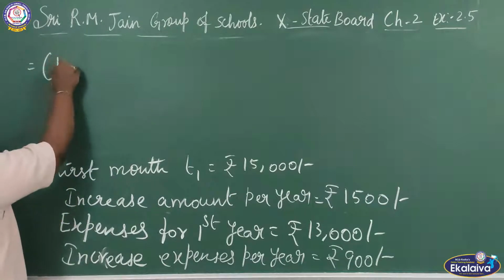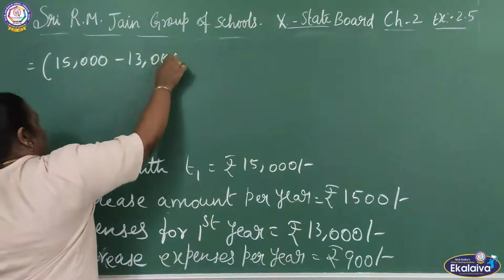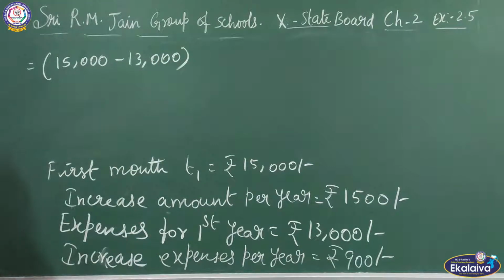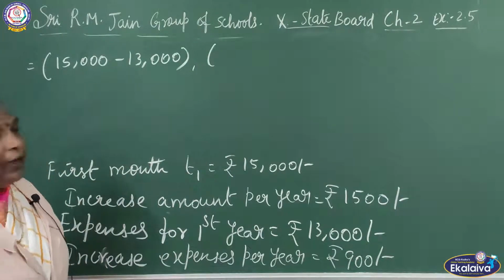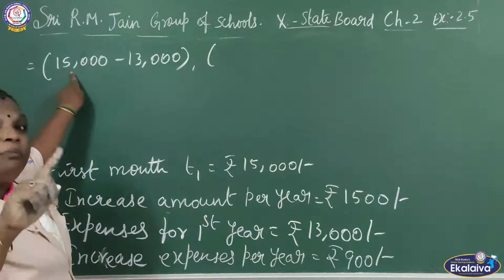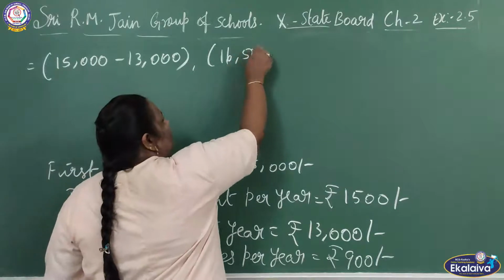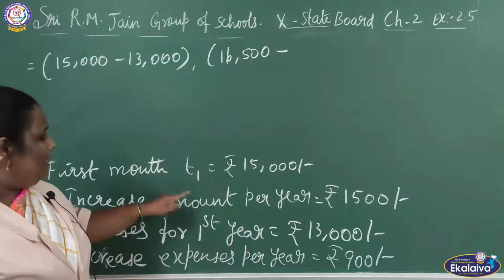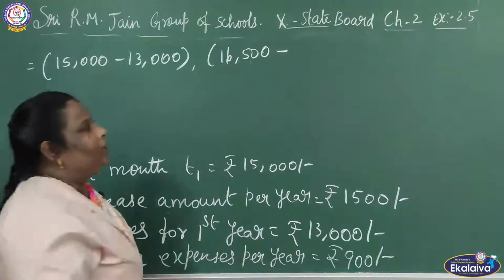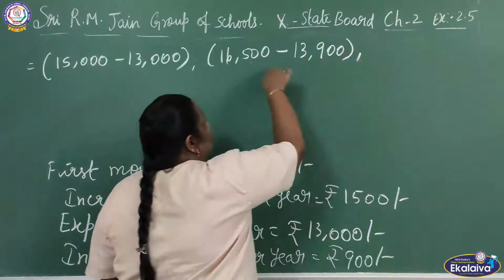First salary is 15,000. Her expenses is 13,000. So the first term, that is T1. See, second year salary, it increased by 1,500. So 15,000 plus 1,500, it gives what? 16,500 minus. Our expenses also increased. What is the expenses increased amount? 900 rupees. So 13,900. This is for second year.